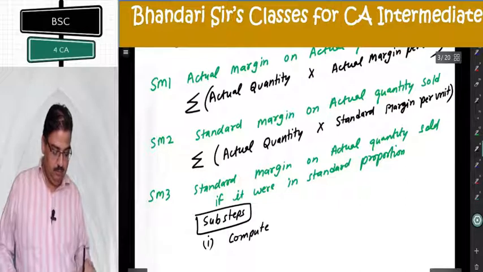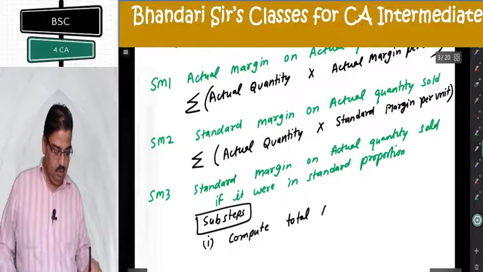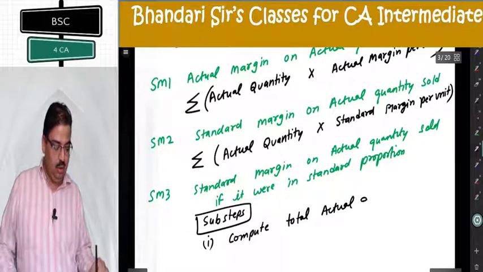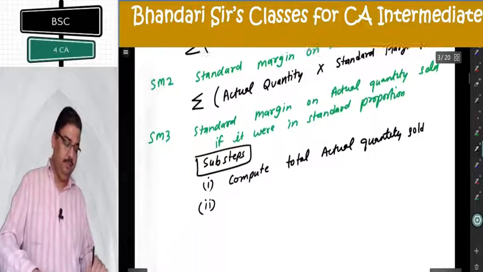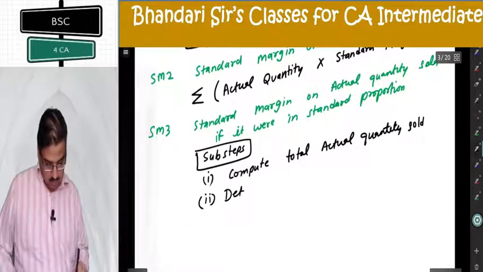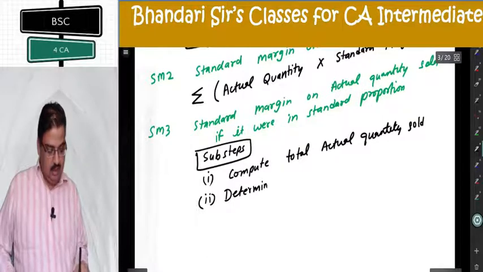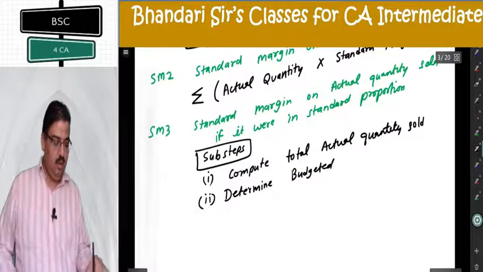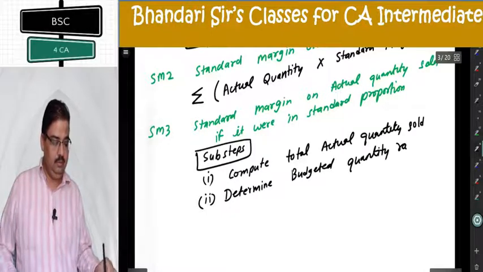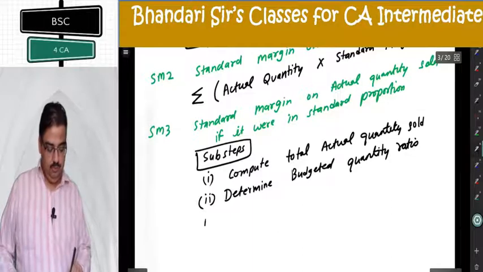Compute total actual quantity sold. Number 2, determine budgeted quantity ratio.